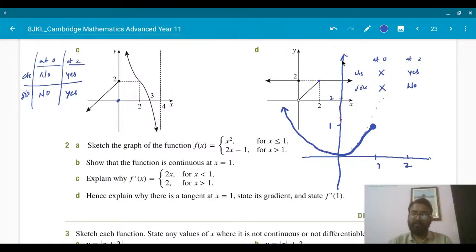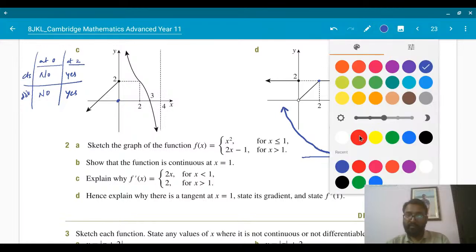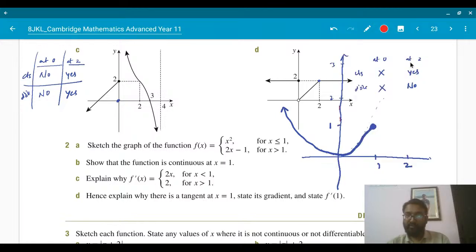I'm taking the overlapping graph, no problem, try to understand. So at x equals 2 the value is 3, so you make a straight line like this. The function is continuous because there is no break.